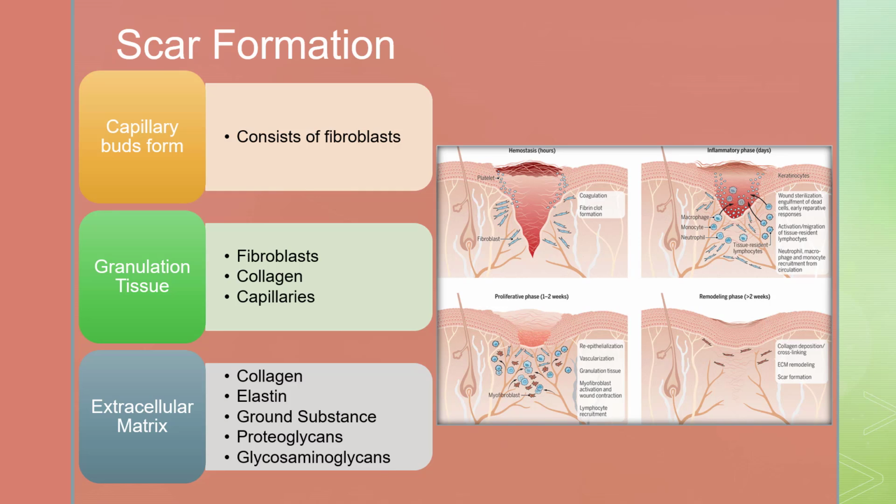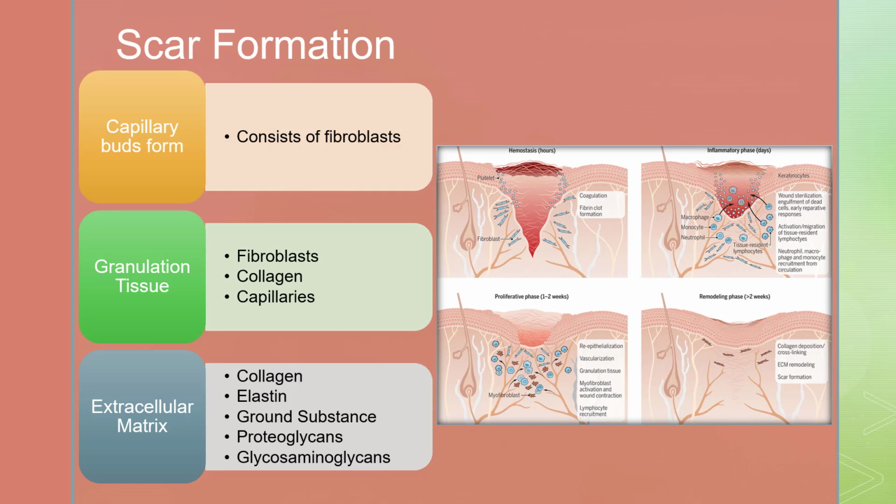During the scar formation, capillary buds form. There is a formation of delicate connective tissue, also known as granulation tissue. This tissue consists of fibroblasts that synthesize extracellular matrix and develop collagen, elastin, and ground substance, prostaglandins, as well as glycosaminoglycans. Tensile strength increases with proliferation of collagen.